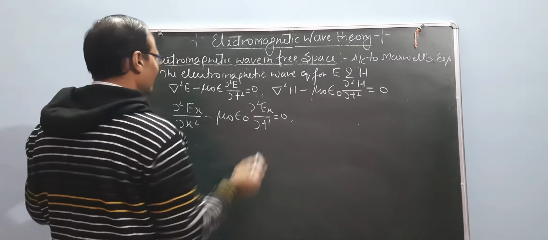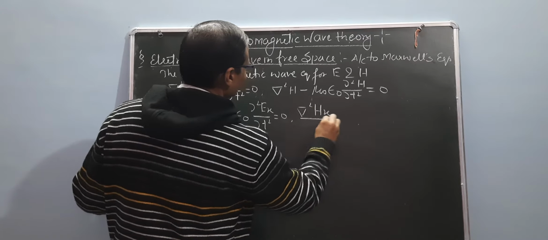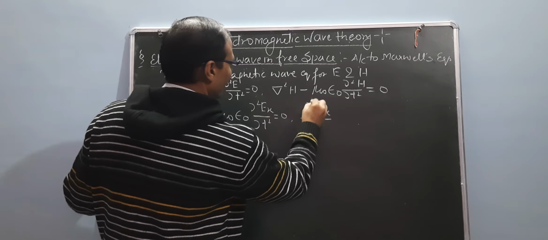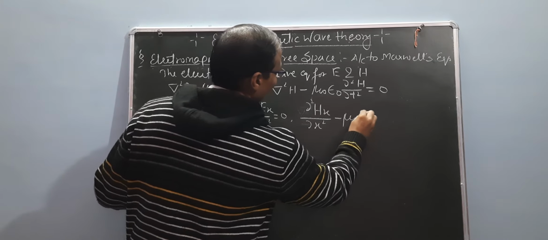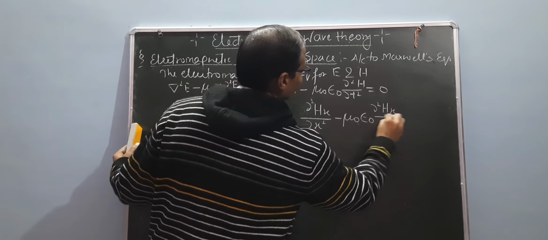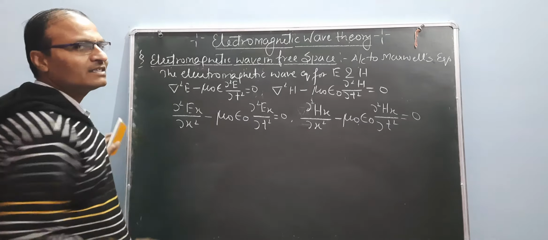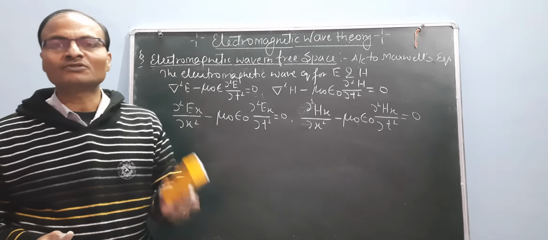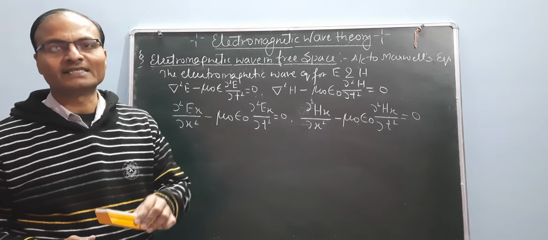Similarly, for the magnetic function, del square Hx upon del x square minus mu naught epsilon naught del square Hx upon del T square equal to 0. The del function, as we already told you, is i times del over del x, j times del over del y, and plus k times del over del z.